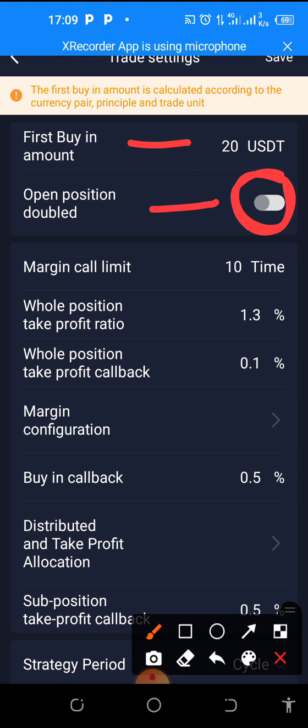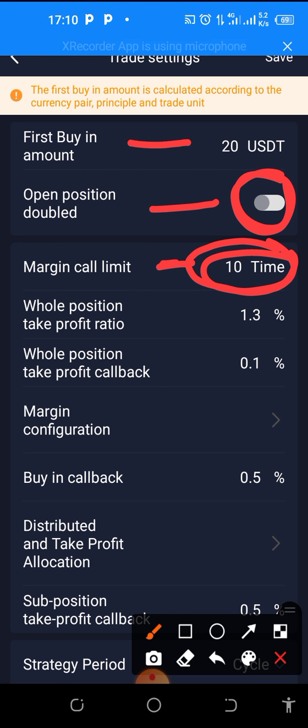The next thing you want to know is the margin call limit, where you have 10 times. That simply means the number of times you want the robot to keep buying for you as the market keeps dropping, as the market keeps dipping, as price keeps dropping. What will determine this actually is the amount you have to trade.